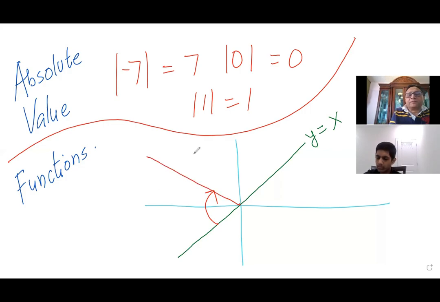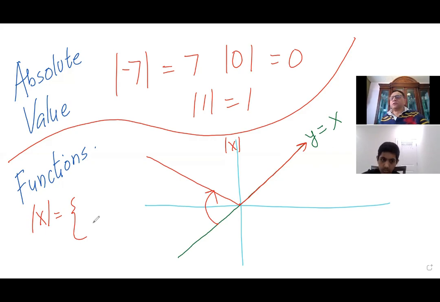So now we have the absolute value of x. You get the idea? The portion of the line y equals x on the right hand side of the y-axis remains the same, but on the left hand side it is reflected, as you can see. And therefore, we could now define the absolute value function as a piecewise function, with two different pieces.